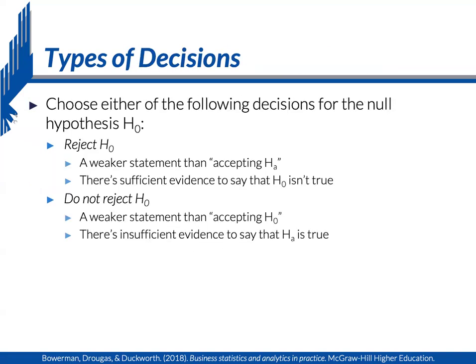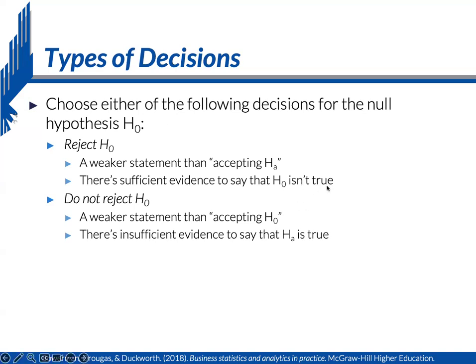Now, in hypothesis testing, there are strictly two types of decisions that are possible. We only make either of these two decisions, and no other decisions are acceptable. The first decision is we reject the null hypothesis, which is only made if there is sufficient evidence to say that the null hypothesis is no longer true.